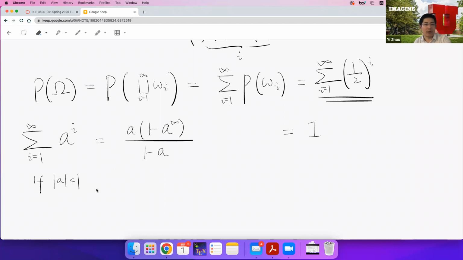If a is less than 1, then this term goes to 0. So all you have is a divided by 1 minus a. In this case, a is 1/2. So you have 1/2 divided by 1 minus 1/2, which is 1/2 over 1/2, so you get 1 in the end. And this is consistent because we do have P of omega equals 1 by default.